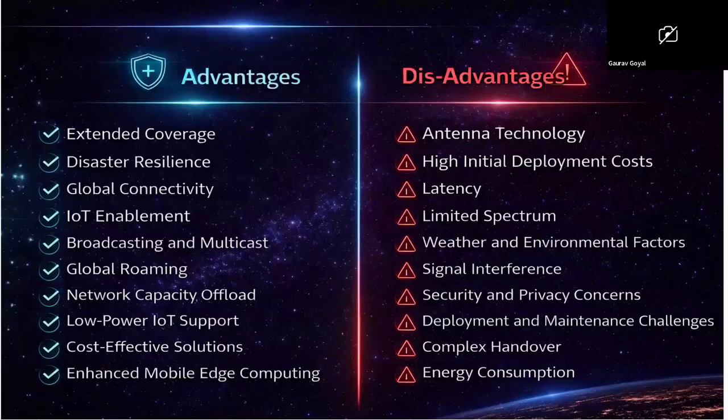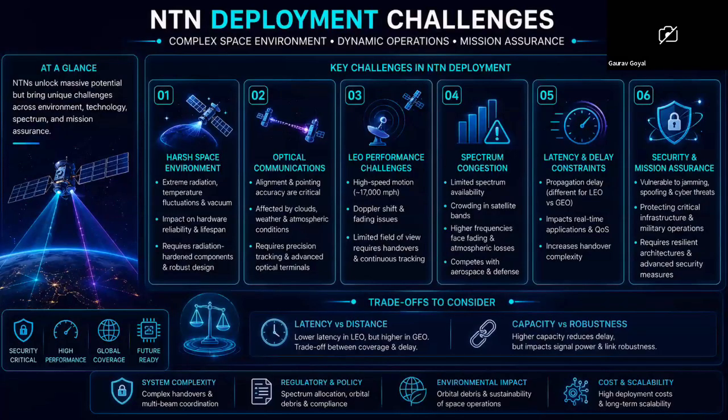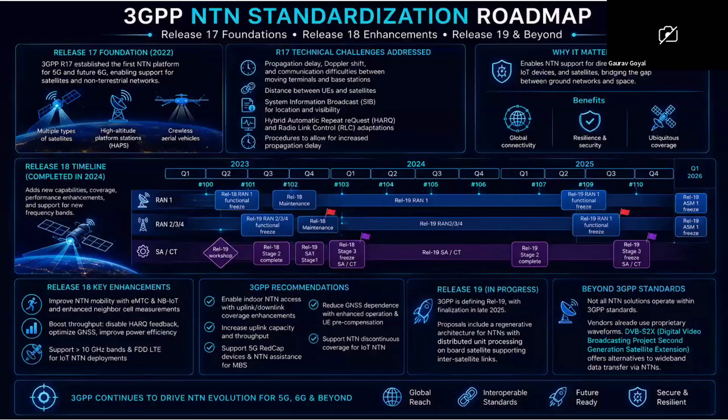So let's recall what we have read today, and then we can wrap up the session. First of all, we have discussed what are the advantages and disadvantages of NTN. After that, we have seen various challenges and how to resolve those challenges in case of NTN. Right. After that, we have seen the roadmap as well. So here we have release 17, then release 18.